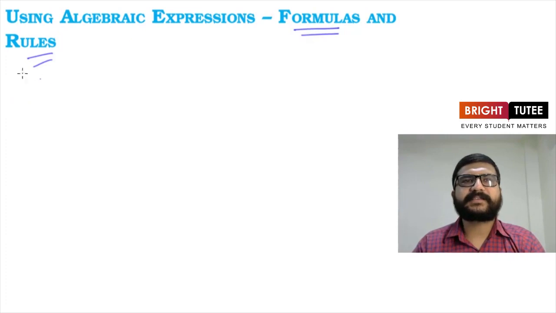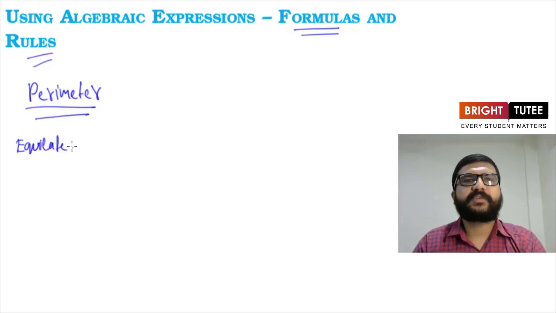For formulas, we can take an example of perimeter. We have studied how to find the perimeter of different shapes. Let's say we have an equilateral triangle. Do you remember how we can find its perimeter?